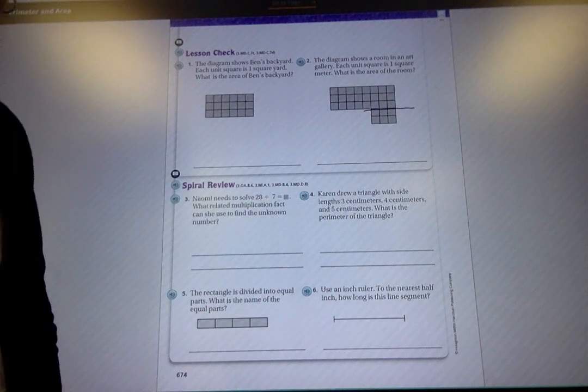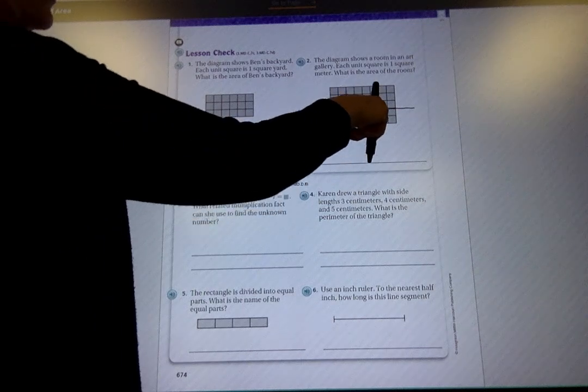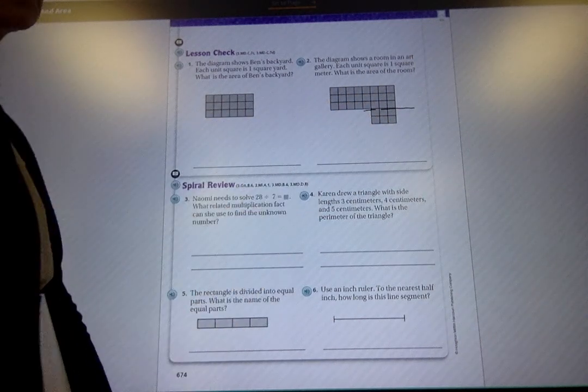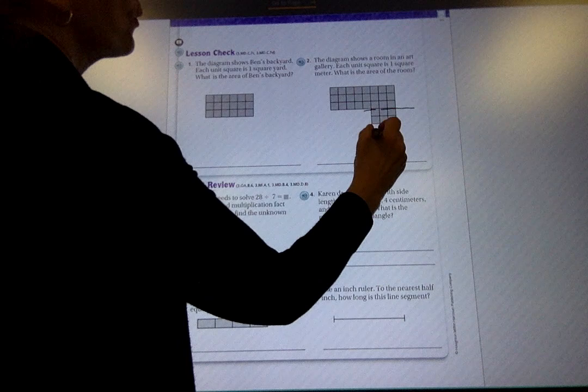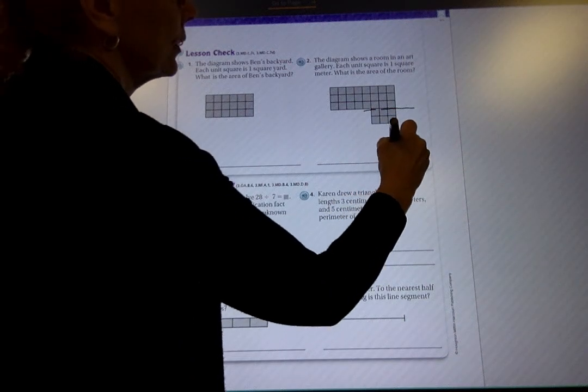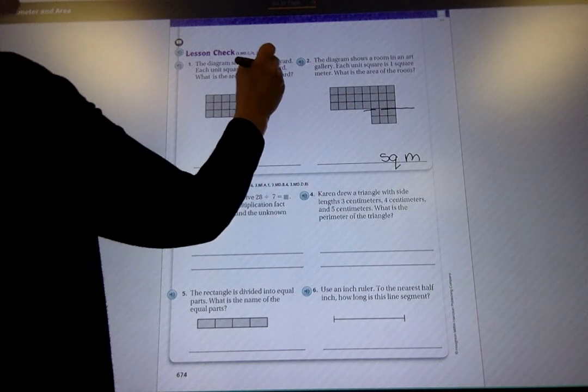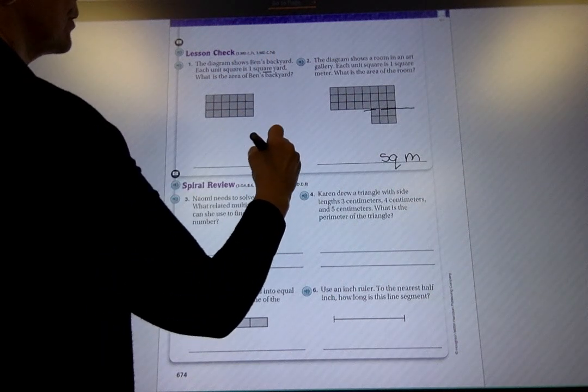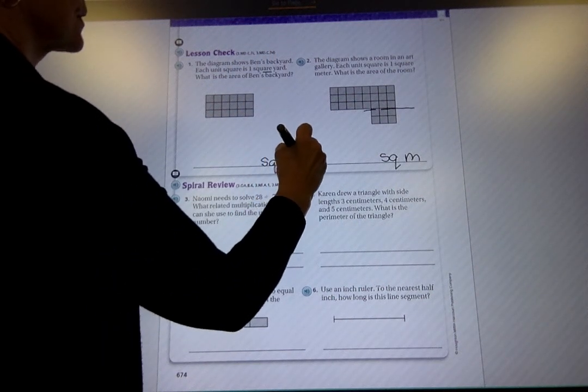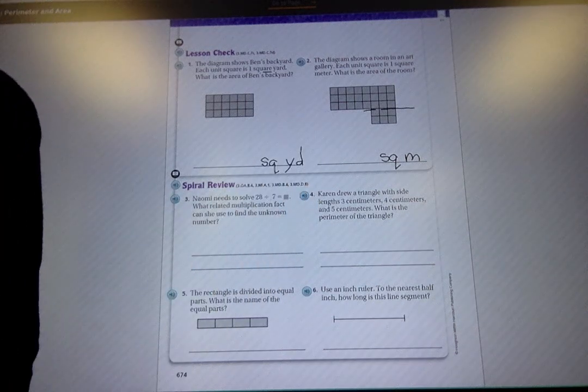Just remember, after you find the product, the area of this and the area of this, you add them together. And we're going to label that square meters. Oh, let's go back. This one is square yards. 2 different ways to measure.